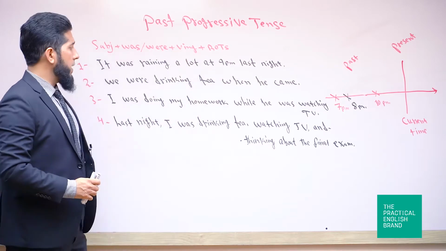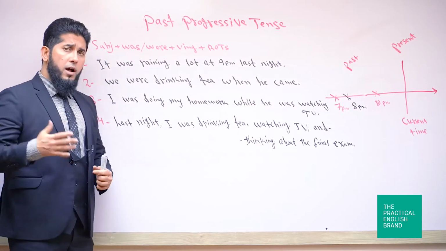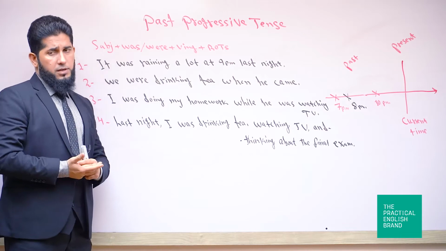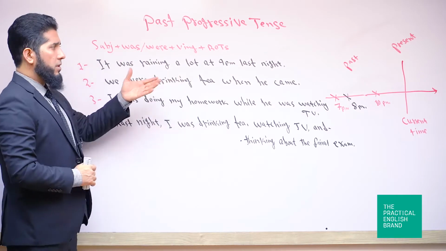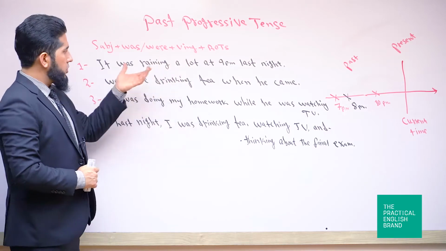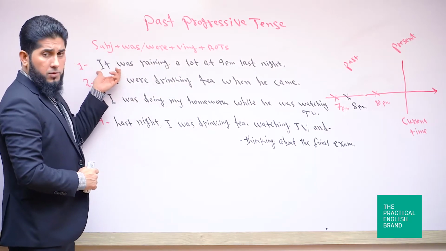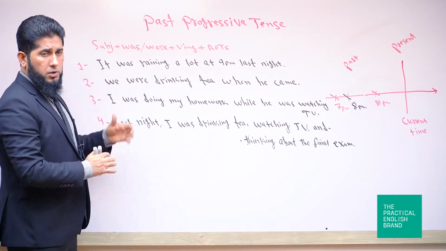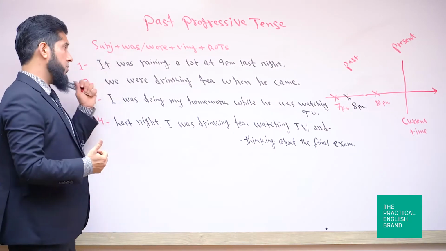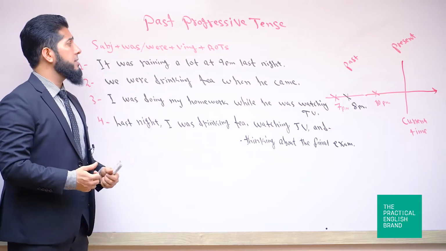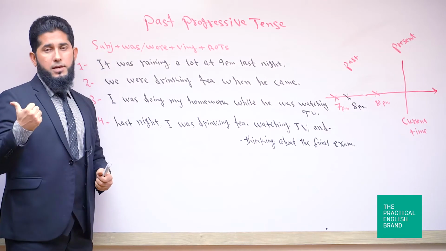Okay, there are other main usages of past continuous tense as well. So I already explained the usage that comes in the first sentence. Okay, when you talk about an action that was in progress at a specific time in the past. So the first sentence, it was raining a lot at 9 p.m. last night.